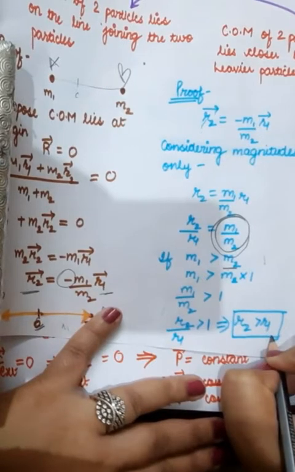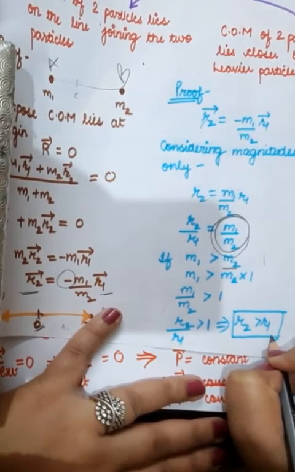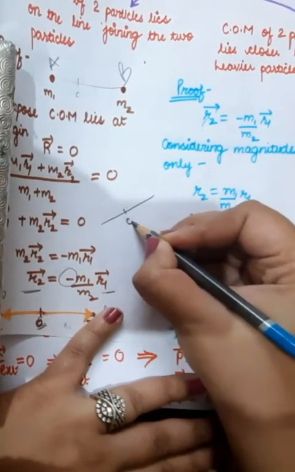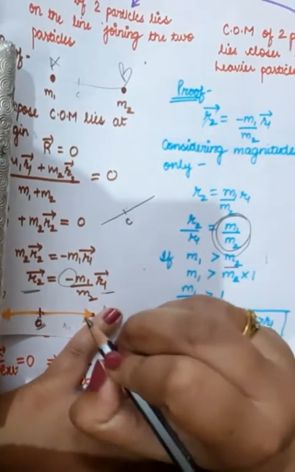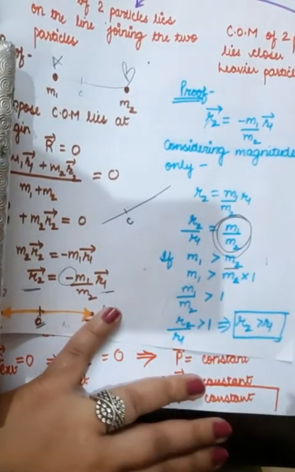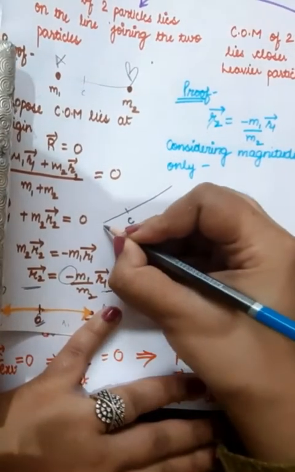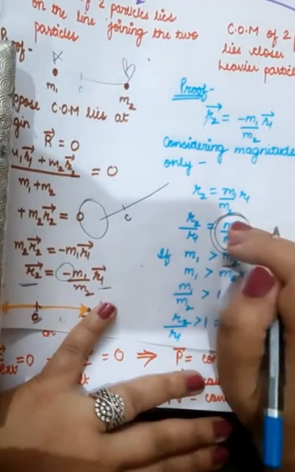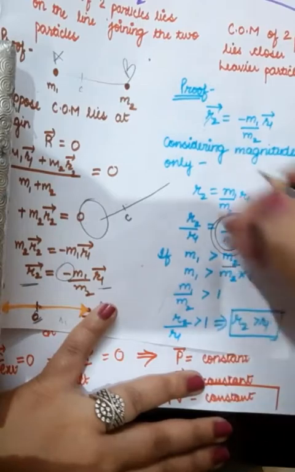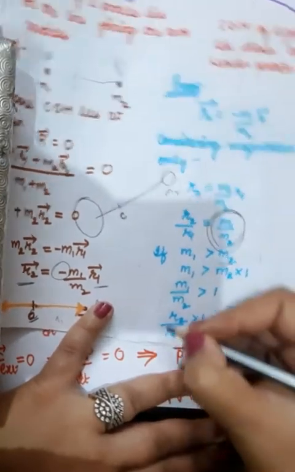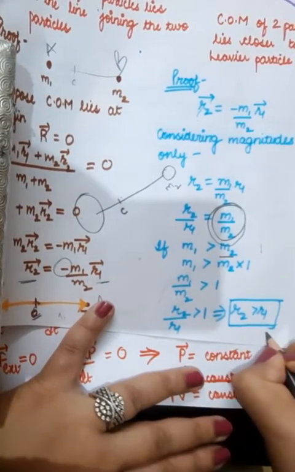You won't realize what you have proven just now. If center of mass is the origin and you are measuring all the distances from center of mass, and a particle is very, very heavy, like you consider M1 is greater than M2, this is M2, then R2 is greater than R1.